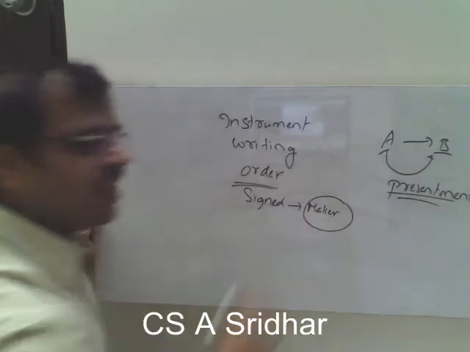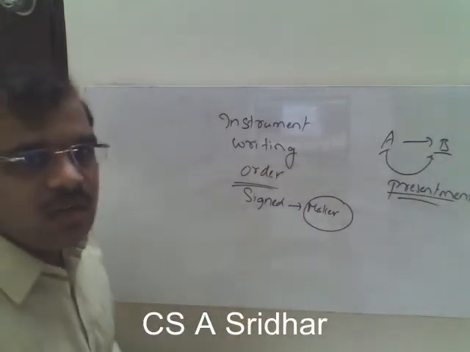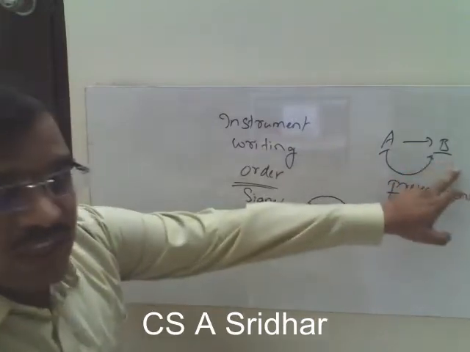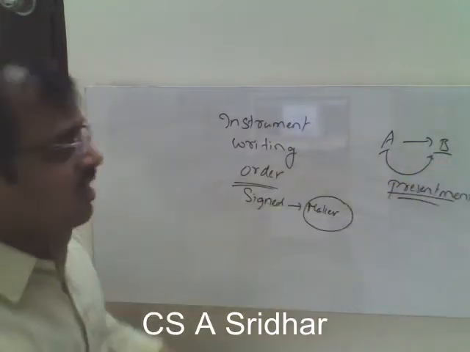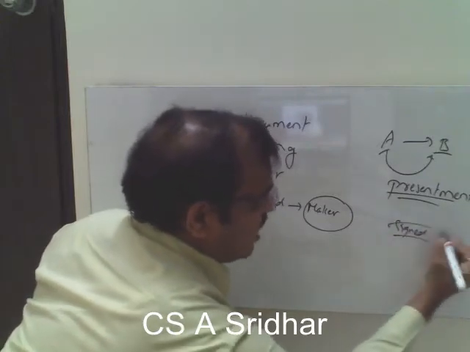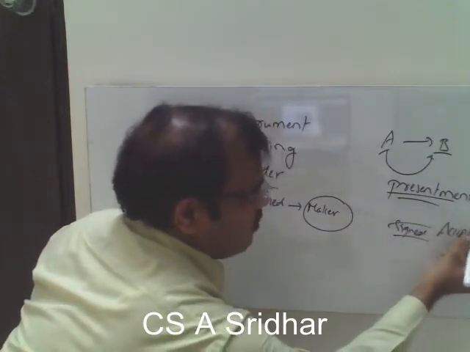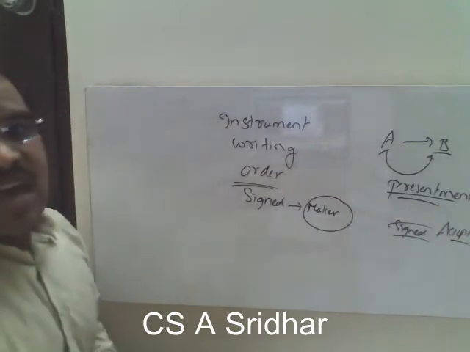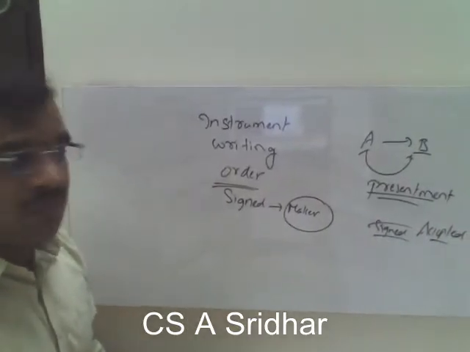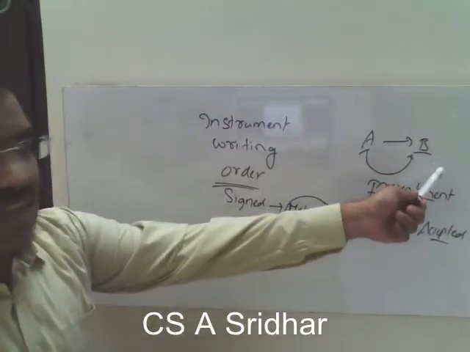At the intermediate level, again we are going to discuss in detail the rules and regulations relating to presentment. So when A is giving the instrument to B, generally B will do the signature stating that accepted. When B is doing the signature stating that he has accepted, then the instrument is considered to be accepted.